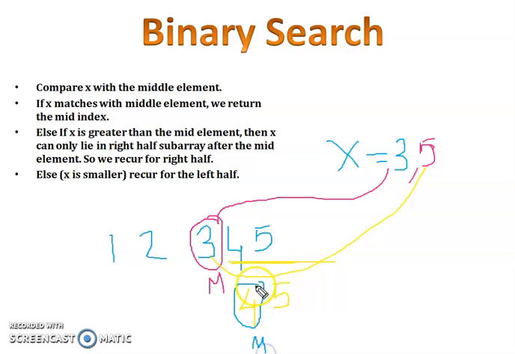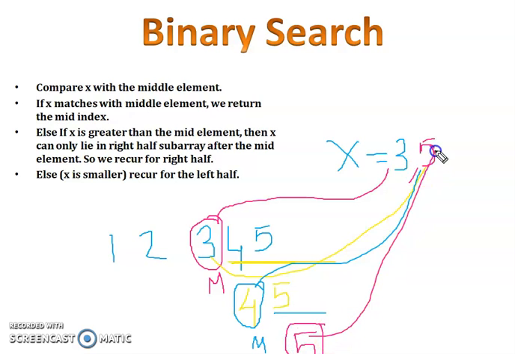Again make a comparison: 4 and 5. Again 5 is greater than 4, so again you concentrate on the right part. The remaining element is 5. We have reached the end of the list. Now make a comparison between the elements: both are 5, so the search is successful.